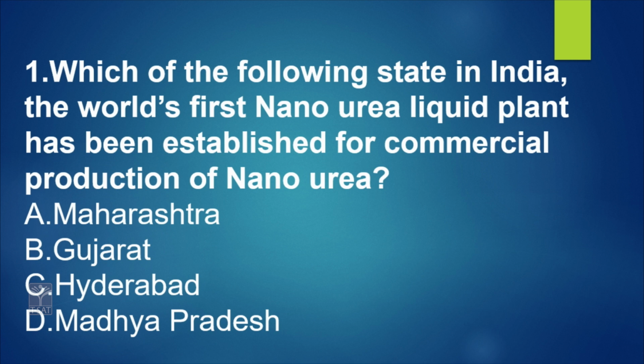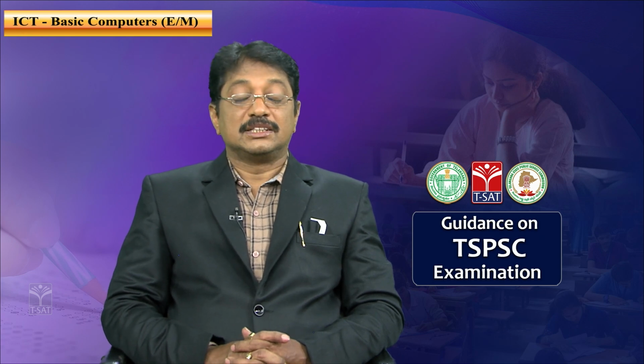Of course, the answer is Gujarat, where the first nano urea liquid plant has been established. If you memorize it by heart, there is no use, because the same question may not come in the examination, but a question comes from the relevant area of the concept.